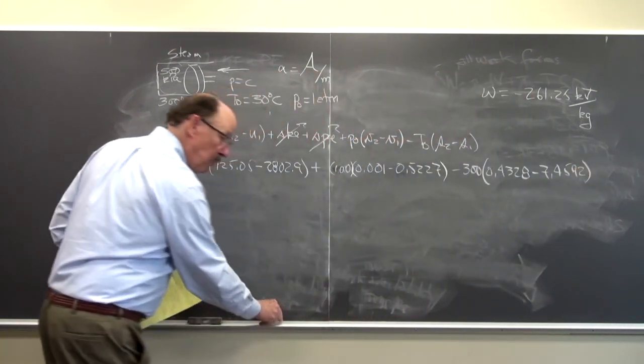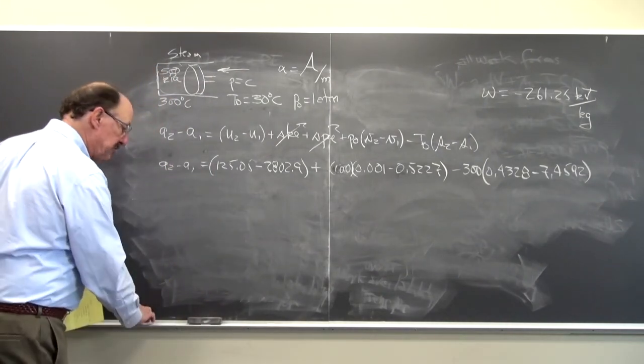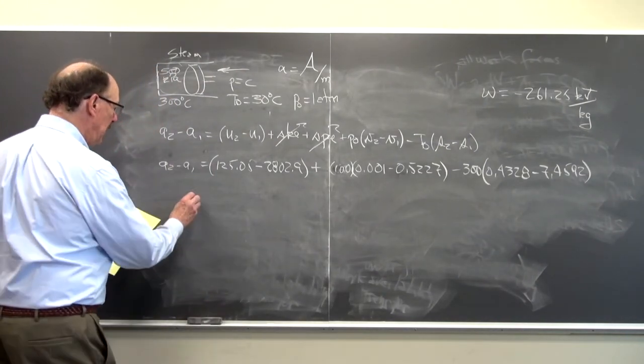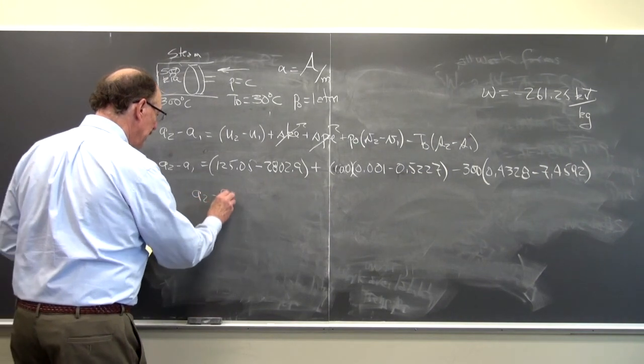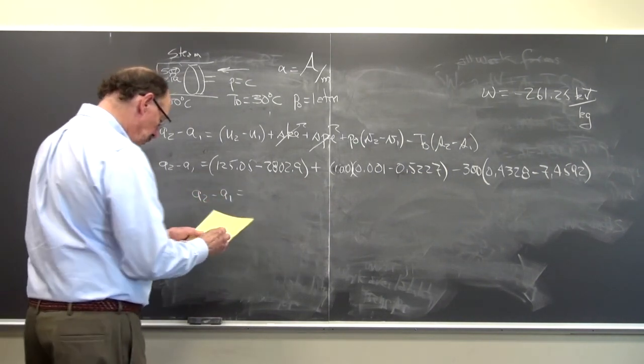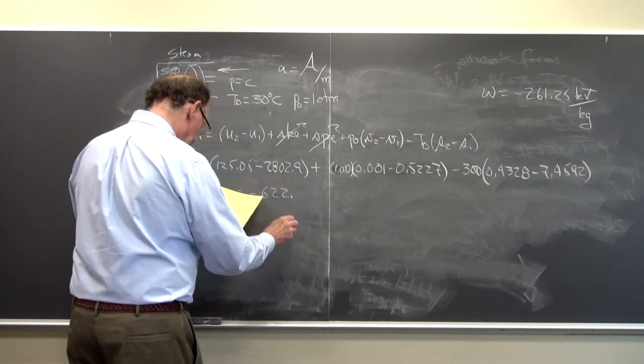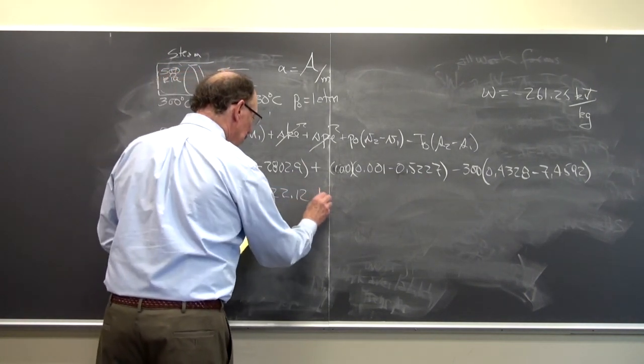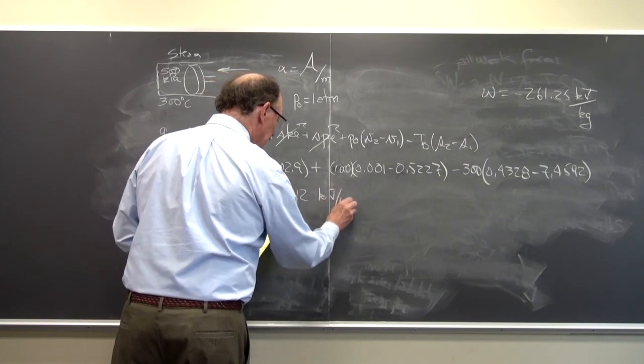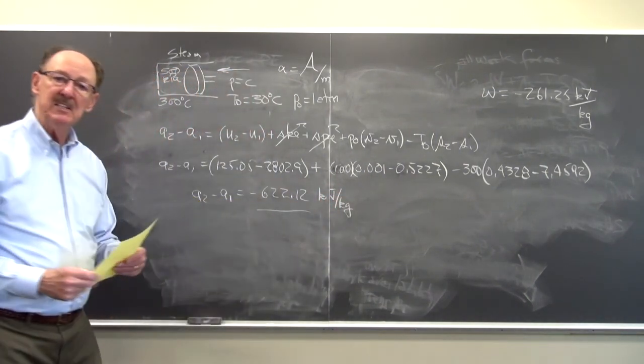So what we want to do is add and subtract all these things, and we come up with that A2 minus A1 is equal to minus 622.12 kilojoules per kilogram. So what does this tell us?